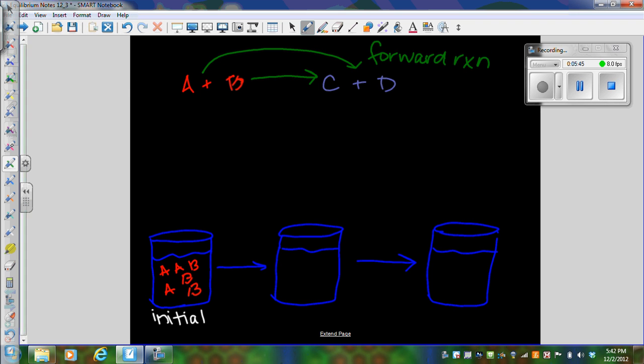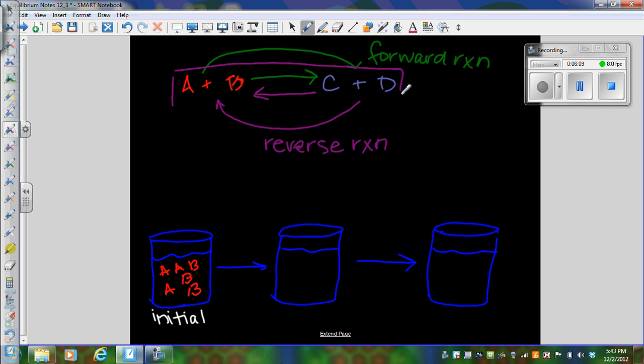And then when you're talking about the reaction going in the opposite direction, which would be right to left, or from C and D going to A and B, we call that the reverse reaction. Now, you don't take the equation and flip it around. You continue to use it just as it's written here. But if we're talking about going from left to right, that's forward. And if we're talking about going from right to left, that's reverse.